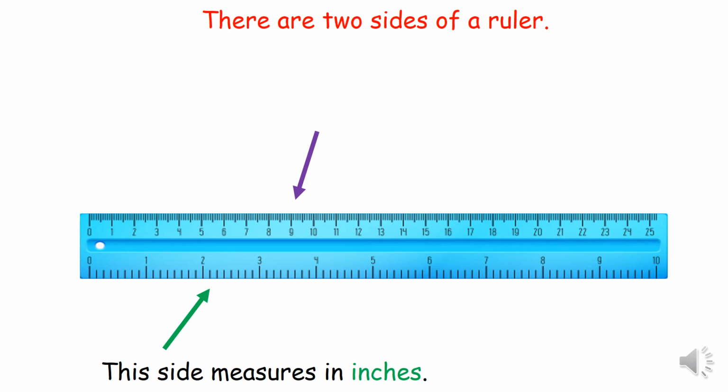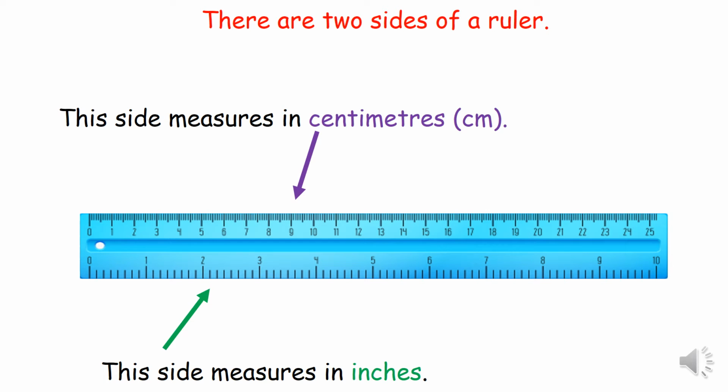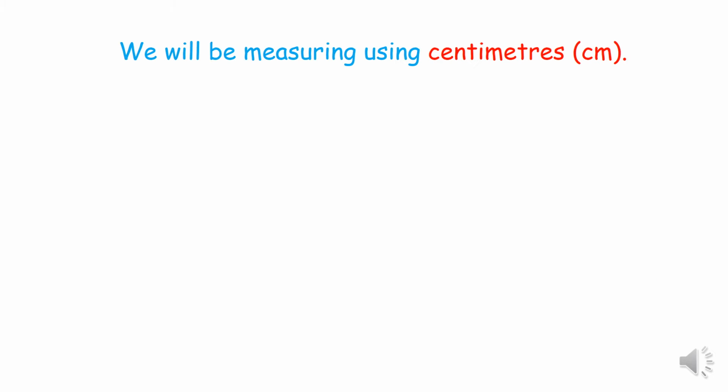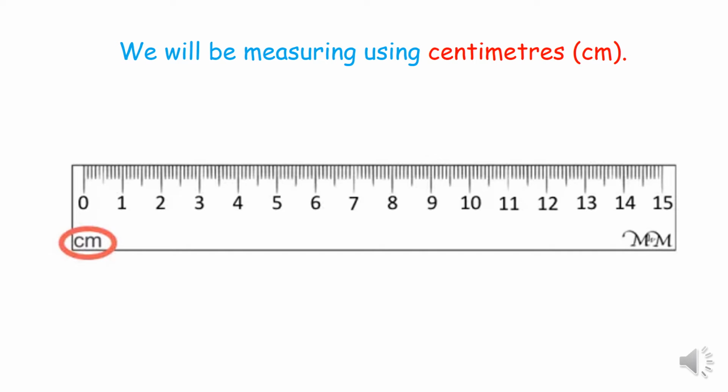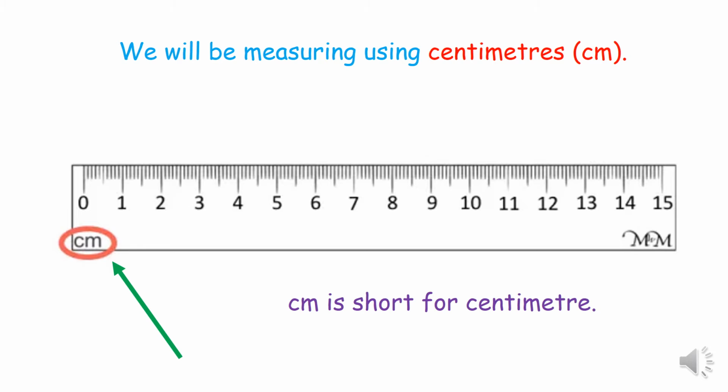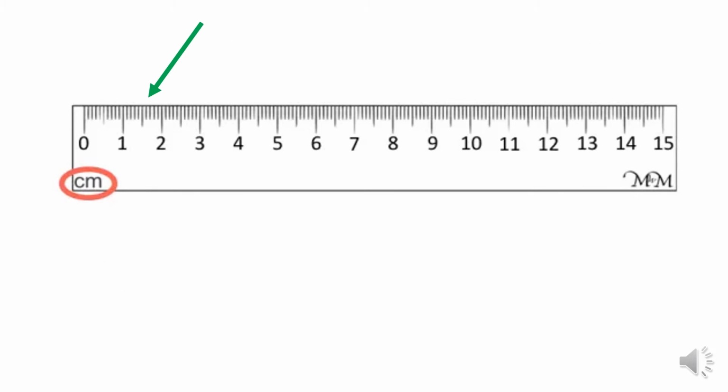And this side of the ruler measures in something called centimetres. Can you say that? Centimetres. Today we will be measuring using centimetres. We can easily find which side of the ruler we need to use because it will say cm. And cm is short for centimetre.